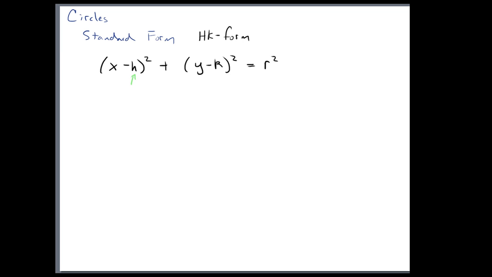This h right here is the x coordinate, and this k right here is the y coordinate of the only point that really matters in a circle, the center, and then r squared is, of course, the radius squared.